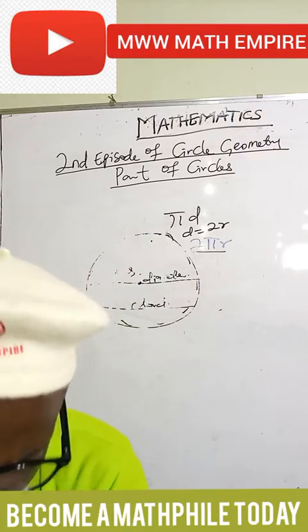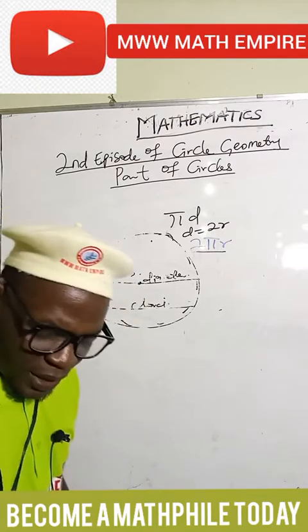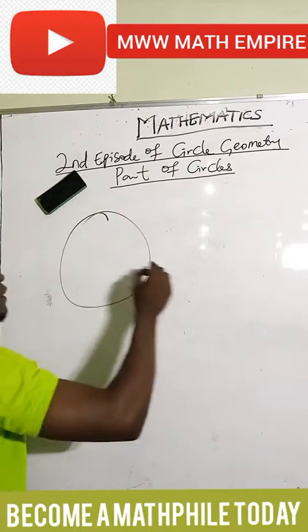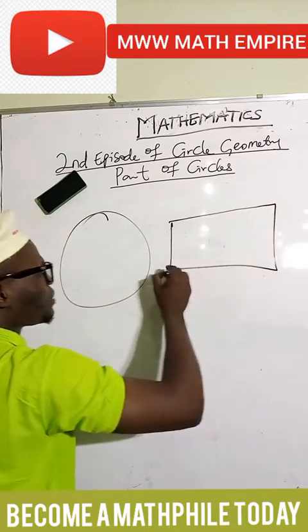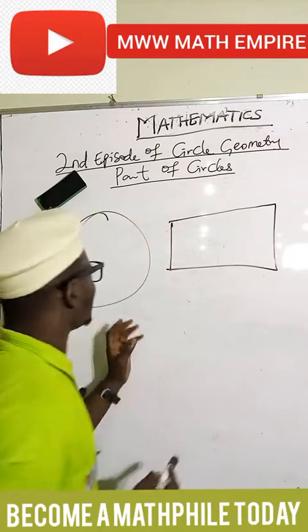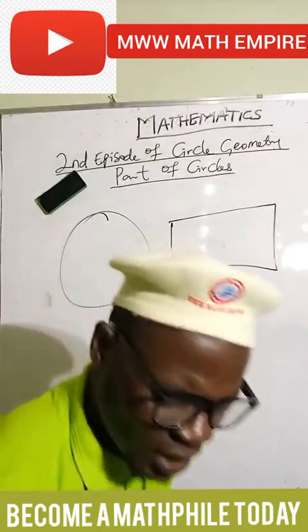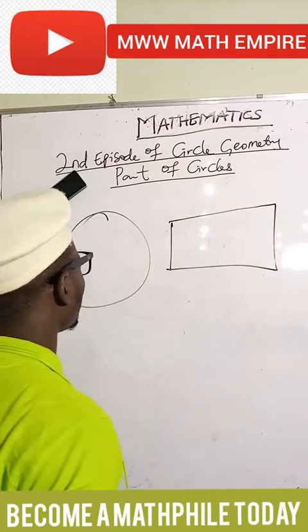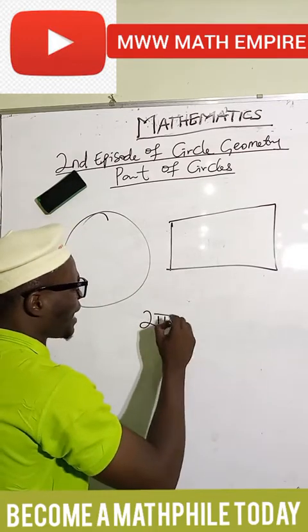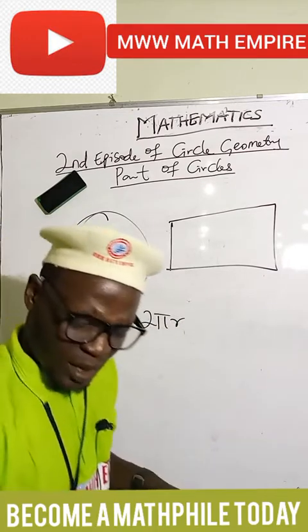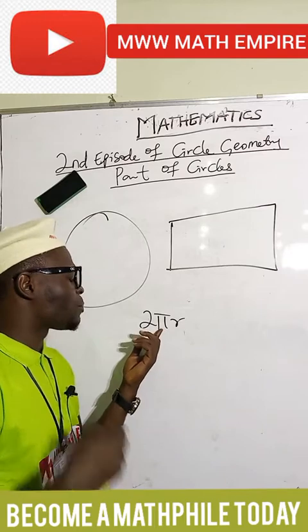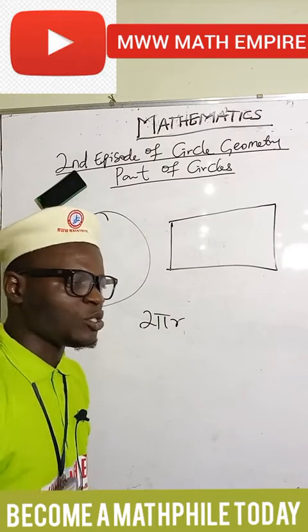Now, I want us to prove something. This is our circle, and we have a rectangle. Some will be saying, what is a rectangle doing here? We are treating circles. This circle and this rectangle have something in common. In the formula that we have as the circumference of the circle, which is 2 pi r, as I have explained in my previous video how this pi came into play.